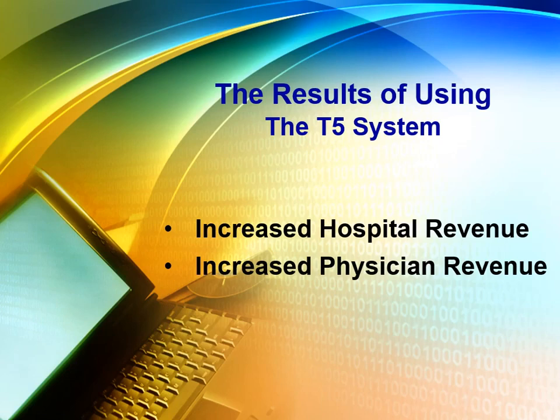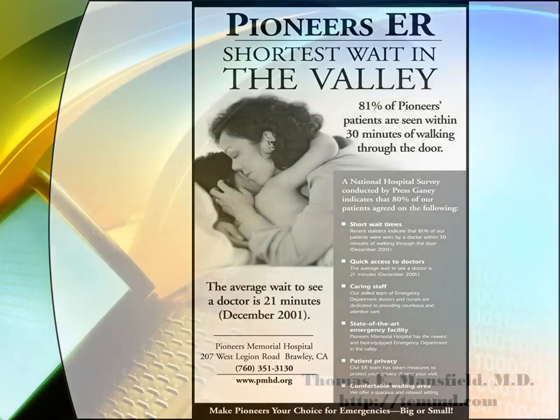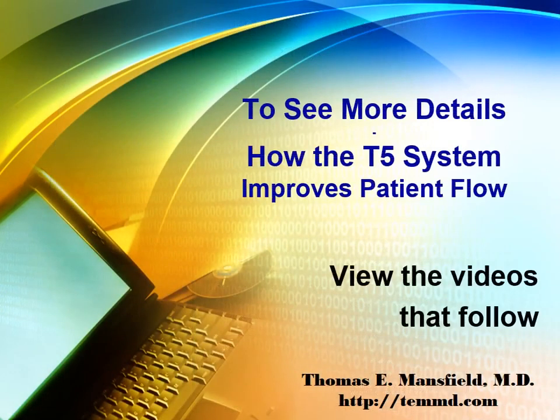At some locations, it's been found that left without being seen patients tend to have better insurance status, so the decrease in loss of these customers immediately increases revenue for the hospital and physicians. 2, the increased patient flow and overall increase in productivity increases physician revenues also, and has been shown to more than offset the pay for the T5 area physician hours. 3, hospitals also have advertised this decreased waiting time and documented an increase in emergency department customers.